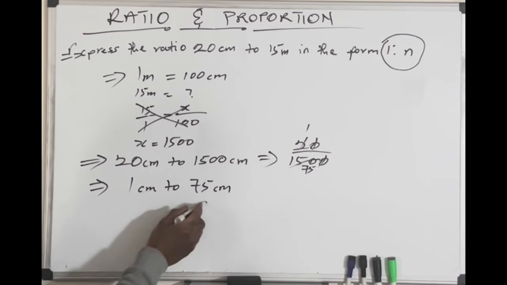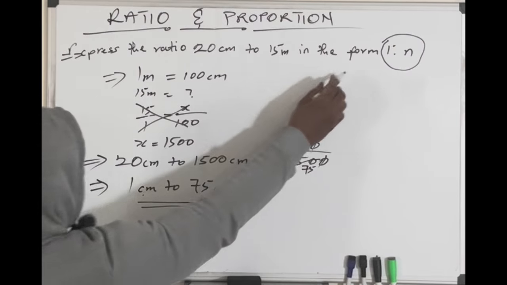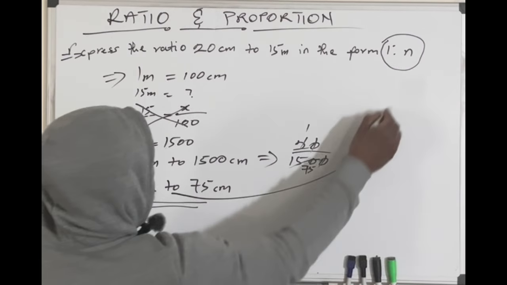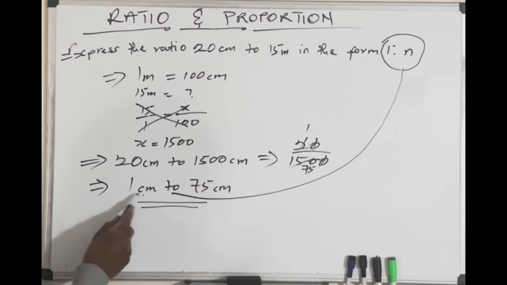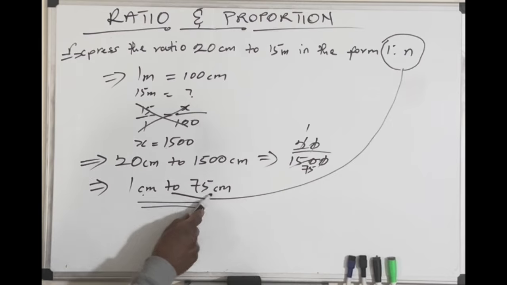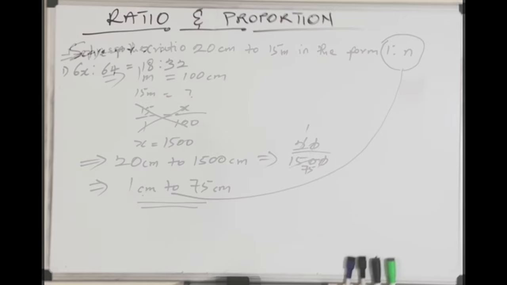This will be the final answer. It was saying the final answer should be in the form 1 is to a number, so 1 centimeter to this number 75. Okay, all right. So there's the final answer: 1 centimeter to 75 centimeters.